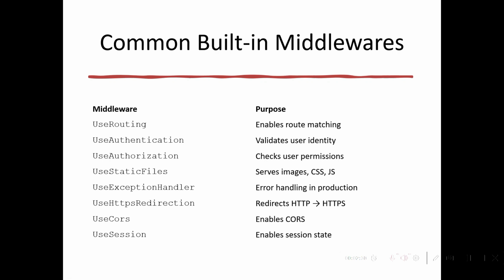If we don't use these in Program.cs, it won't do the expected work. Like if we comment out the code UseRouting, the routing won't work. If we comment out UseStaticFiles from Program.cs, our images, CSS, and JS files won't be served by the server. So these are the built-in middleware.